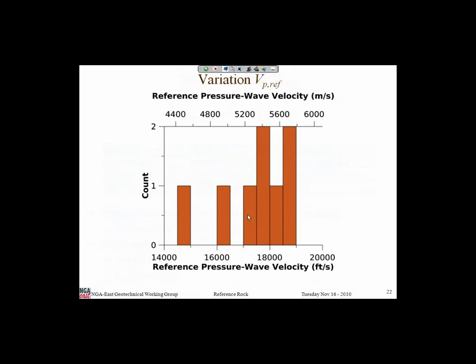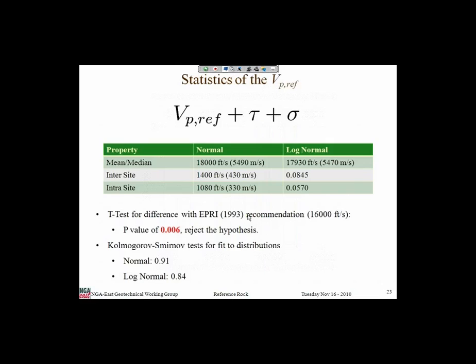The P-wave variation, this is the range that we have from all the data we have so far. And I will again emphasize that this is by no means a complete data set. We're hoping to get more data, for example in the New York area, where we don't have a lot, so maybe that might change things a little bit.